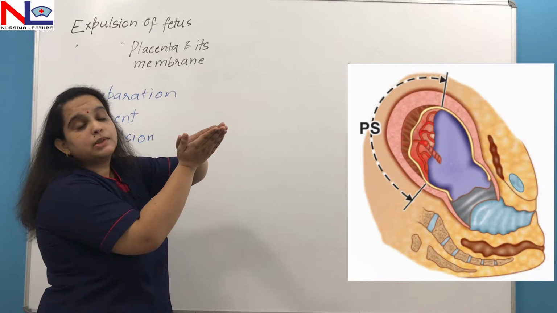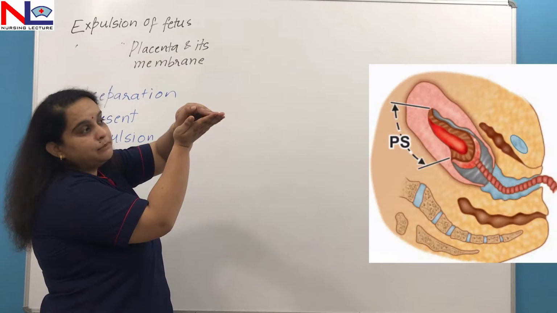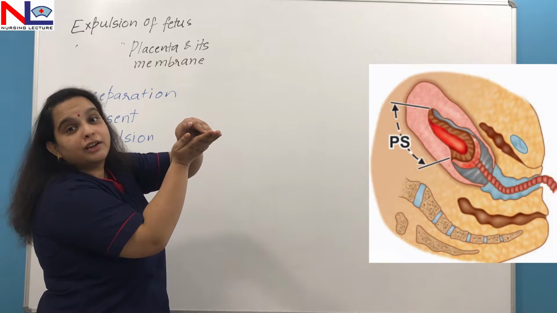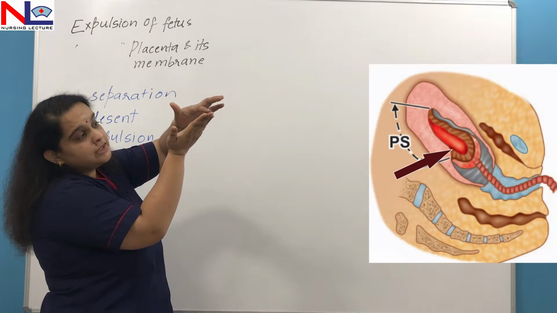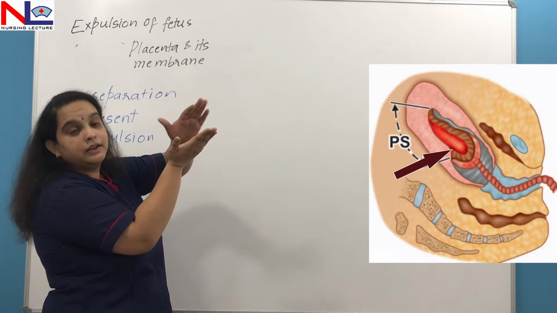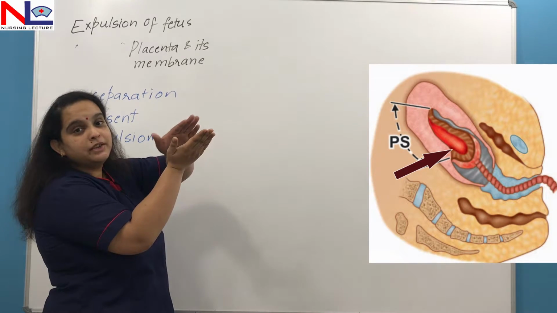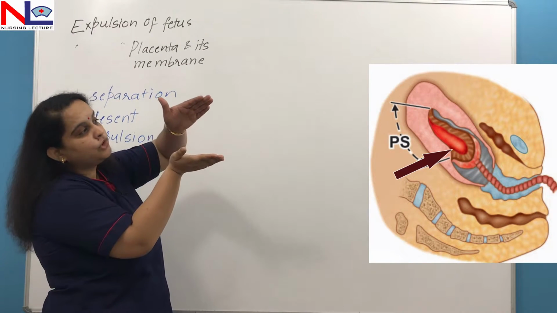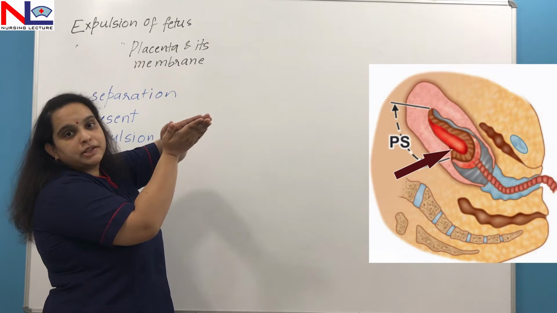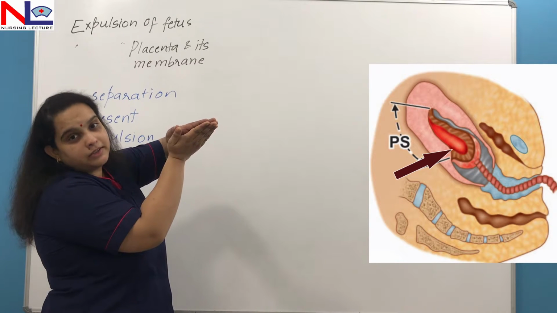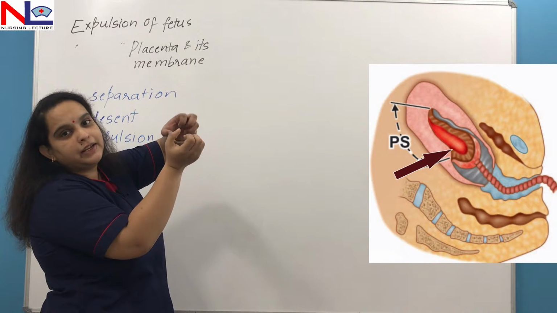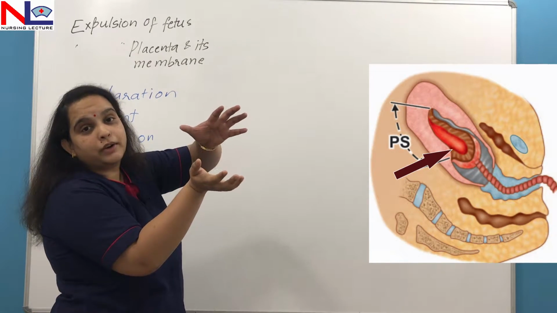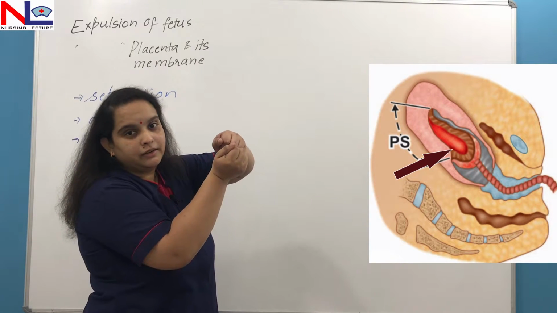Now once the uterus contracts and retracts, it becomes progressively shortened, right? So this whole surface area, as you can see in this image, the whole surface area of the placenta which is attached over the upper segment, is reduced in size, because the size of the uterine cavity is diminishing, right?